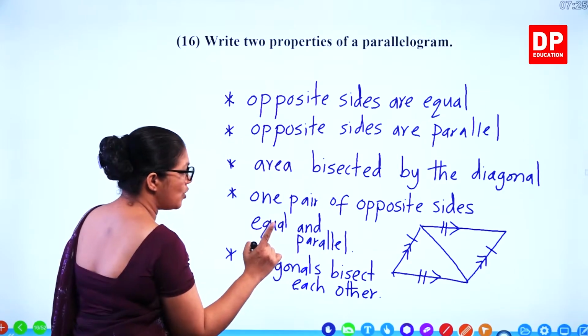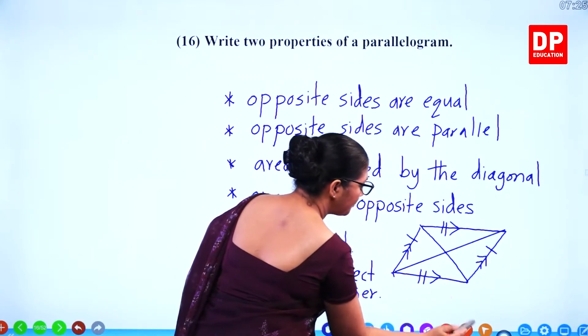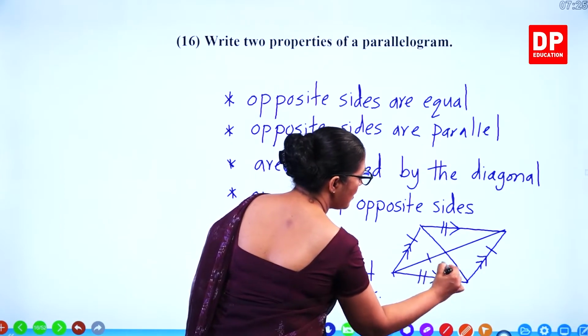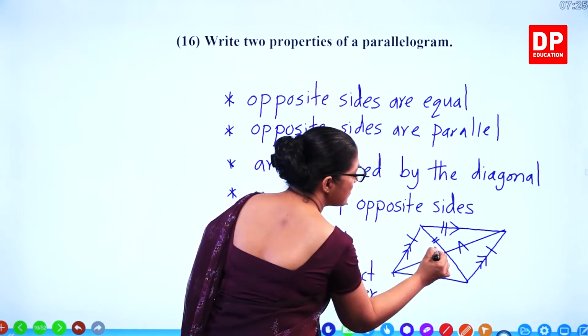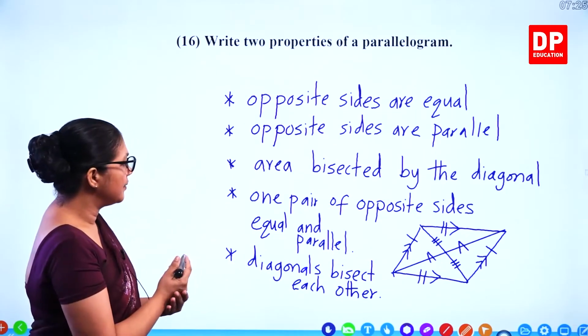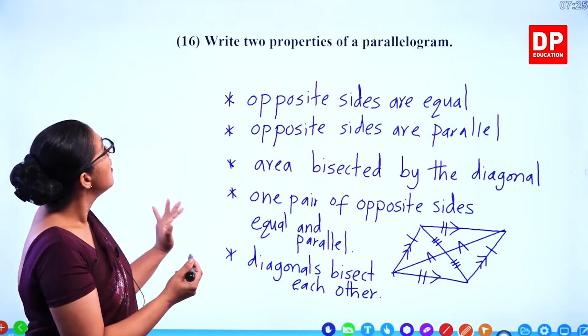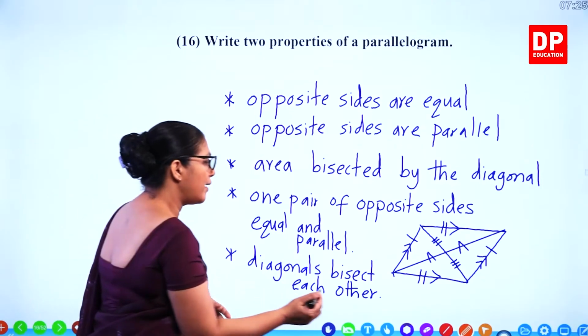So that means when you draw the 2 diagonals, this length is equal to this length and this length is equal to this length. So diagonals bisect each other. So you can write 2 from these. So you get 2 marks.